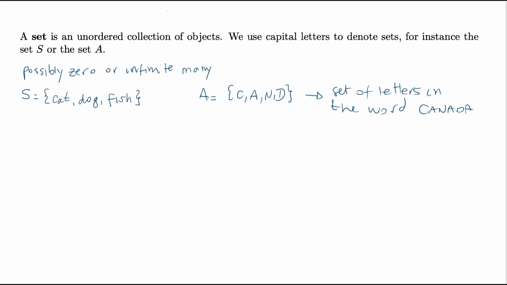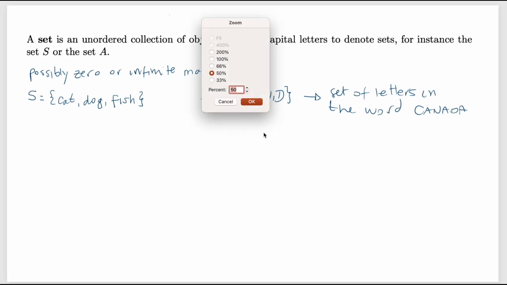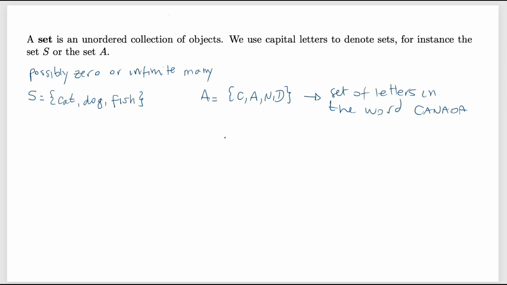So it wouldn't make a difference if this set was A, C, N, and D, with a different order. The sets are the same because the order doesn't matter.